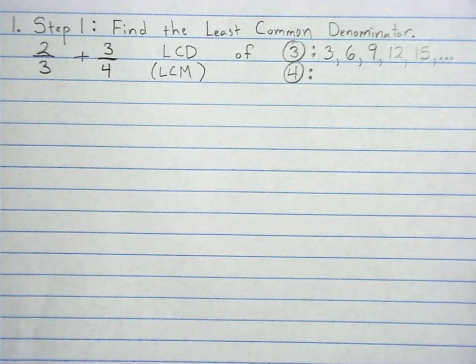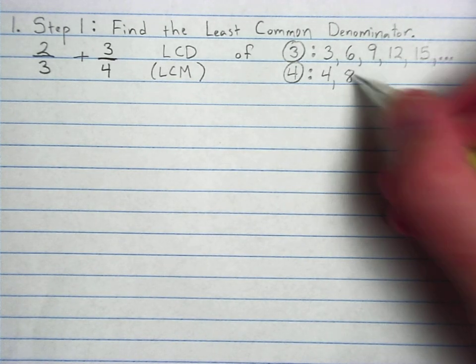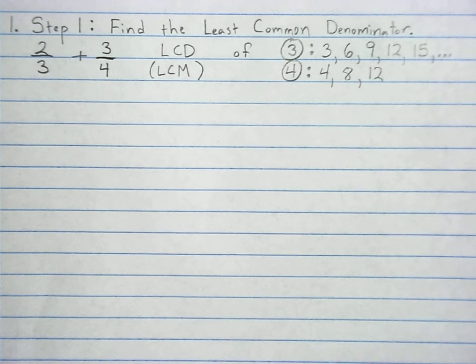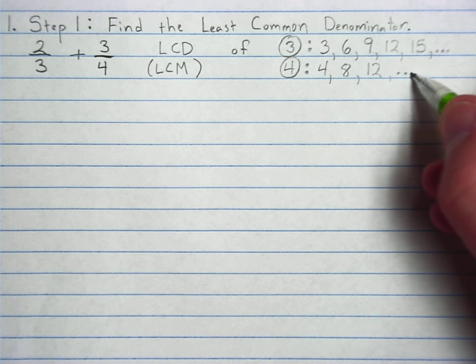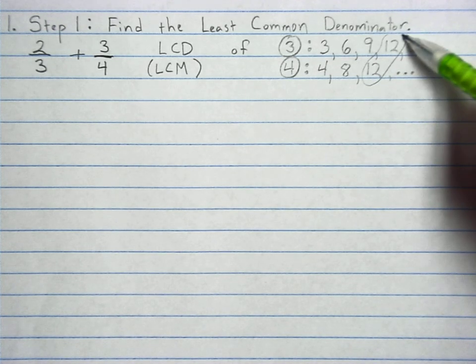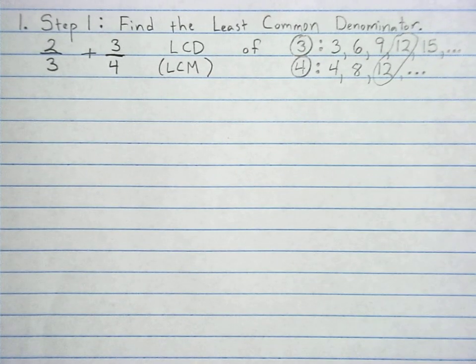Again, a lot of you probably seeing it already. 4 times 1, 4 times 2, 4 times 3. Well, if you didn't see it before, hopefully you see it now. Again, there are plenty more, but I don't need to continue. I already found something that repeats in both lines. I want the smallest multiple, the least common multiple, the smallest number that repeats in both.